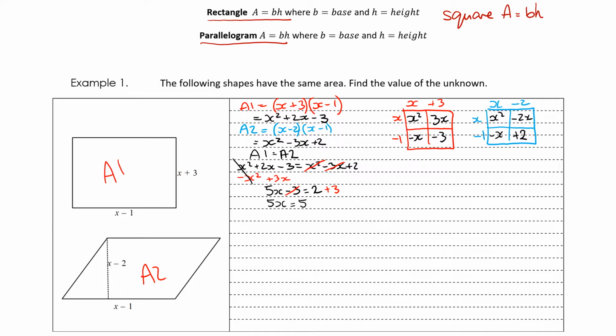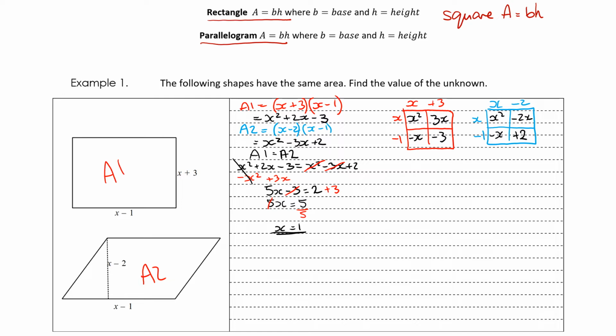We have 5x equals 5. Well, if 5x equals 5, what's 1x going to be? We'll cancel out the 5 by dividing by 5, and we get x equals 1. And that's it. We've solved it. X equals 1. Now that's all we needed to do, was find the value of the unknown. It's 1.